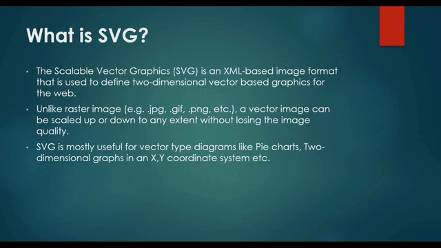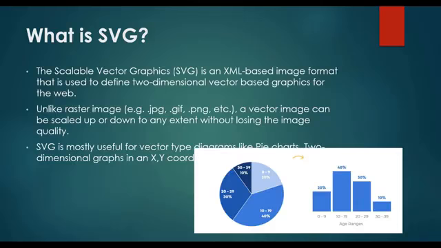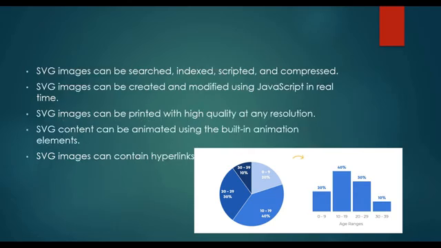If you want to draw a circle, you just draw a circle. If you want to draw a pie chart, you can draw. We can use this SVG format for drawing pie charts and two-dimensional graphs like XY coordinates. So particularly we can use this for all types of graphs, pie charts, clip arts, right?